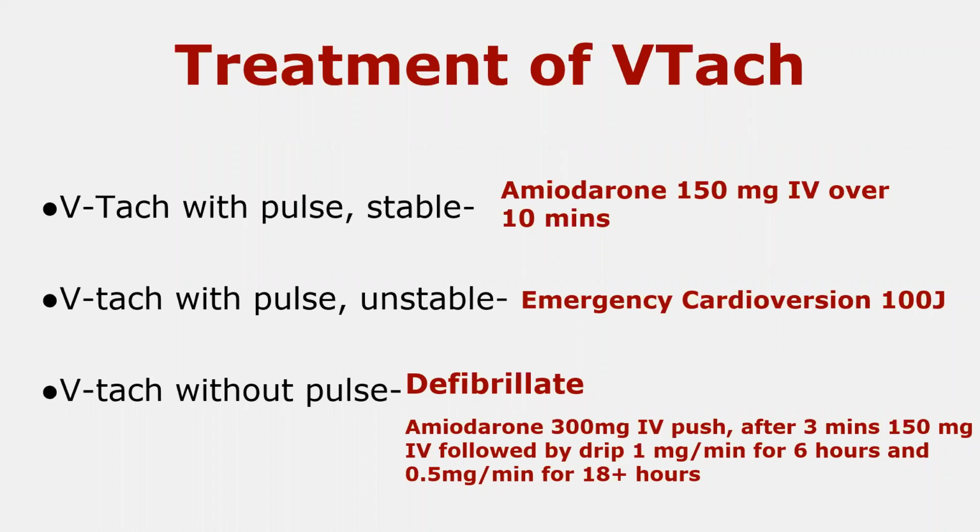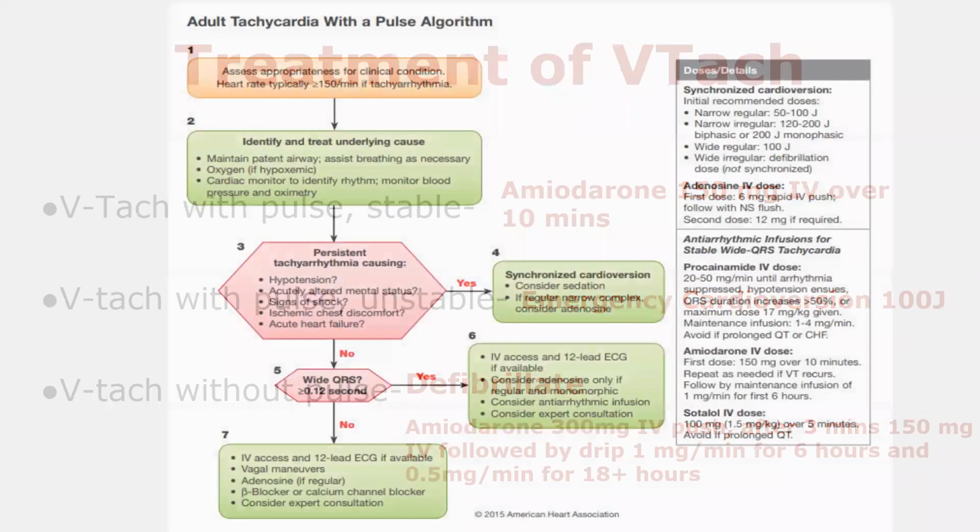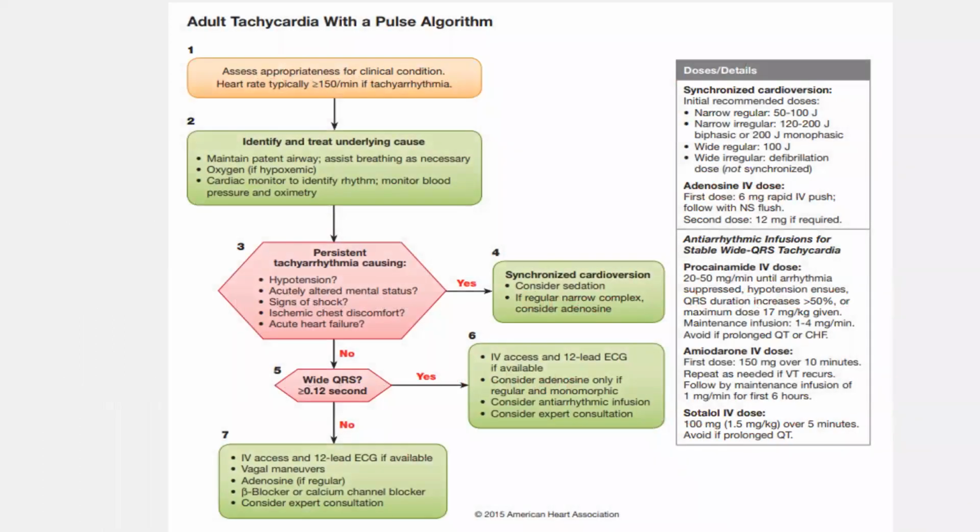Are there any questions as far as ventricular tachycardia is concerned? So let's review the algorithm for anybody with a tachycardia with a pulse. We know that if there is a pulse, then we're going to treat the underlying cause.